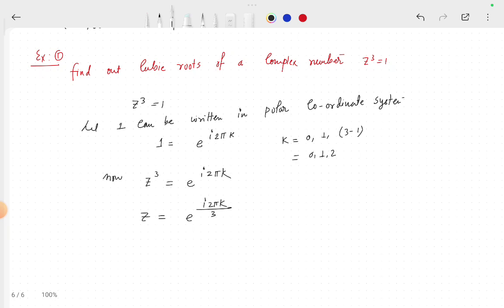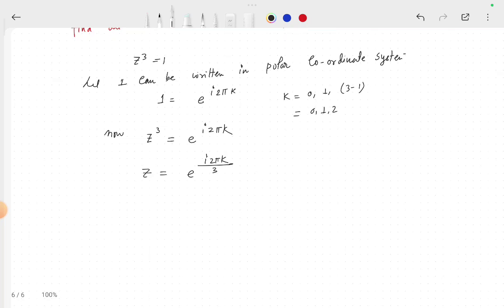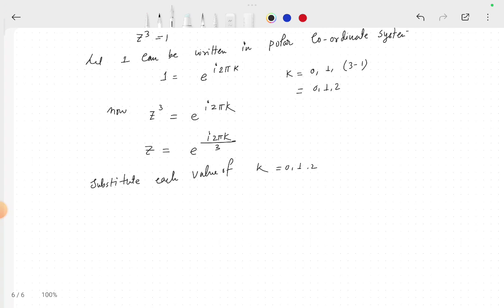Now substitute each value of k, that is 0, 1, 2, basically 3 values of k.